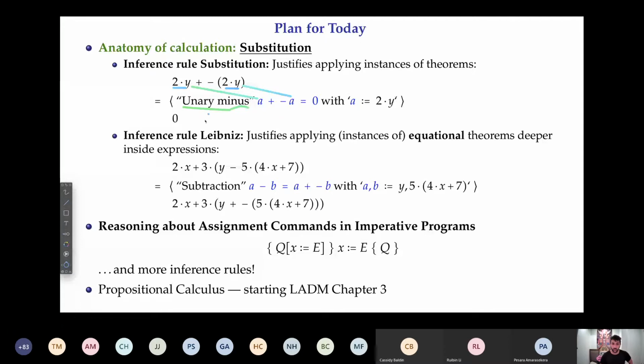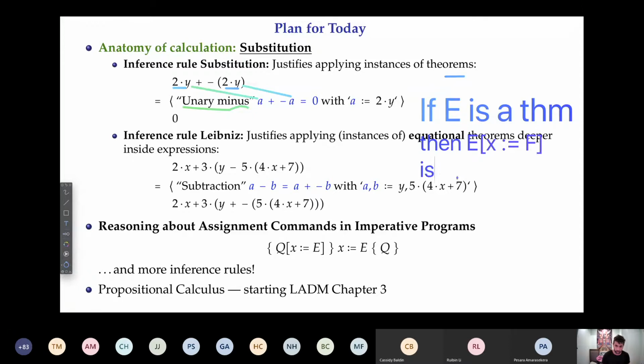The substitution rule, if you remember from last time, says if E is a theorem, then E with a substitution is also a theorem.